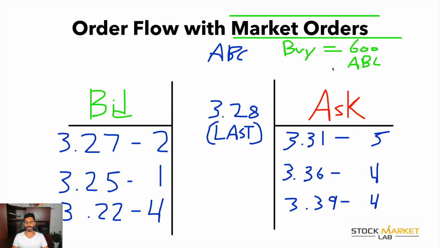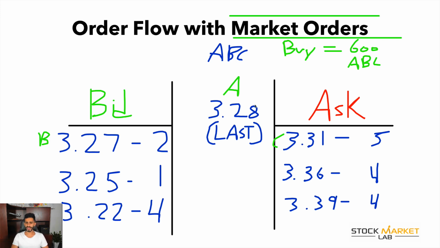If I ask you what price you think I'm going to get the shares for, the answer people have is either A, 328, B, 327, or C, 331.